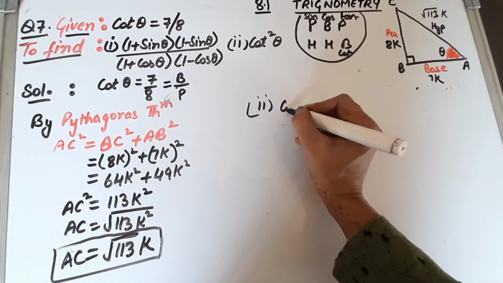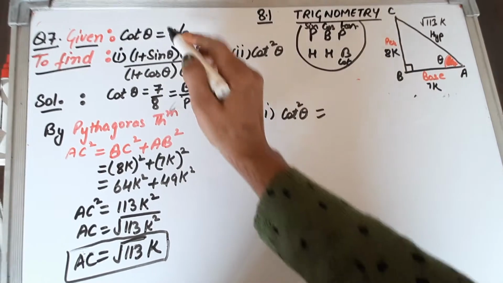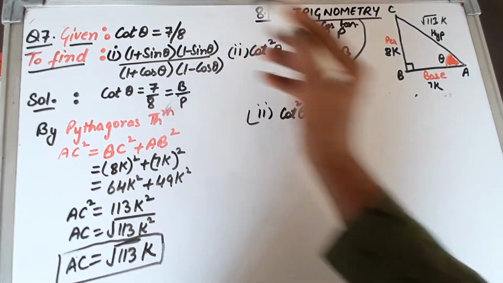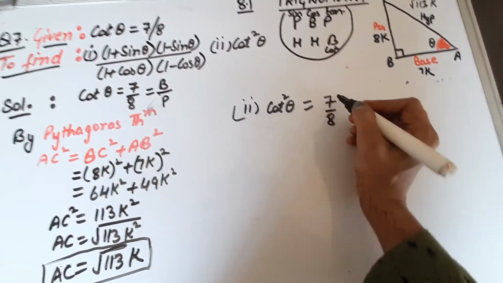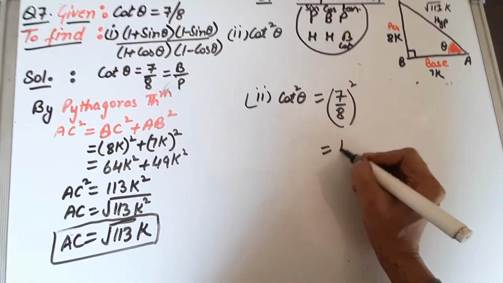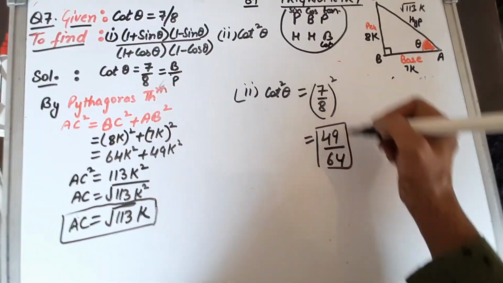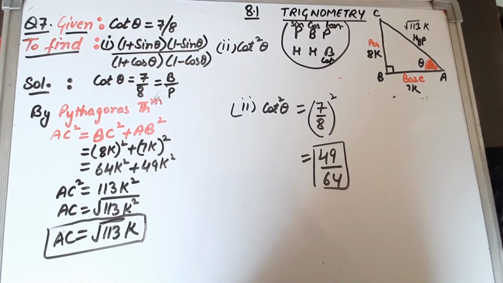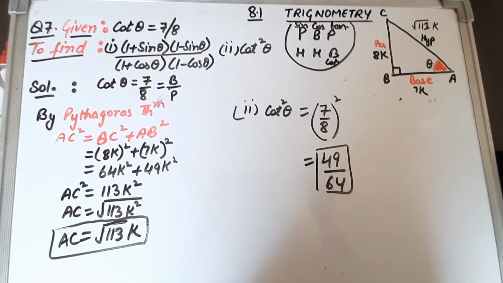Cot square theta. So dear students, you can directly get this value from the given part. Cot theta is already given to us, 7 by 8. So directly put the value, but square is there, so make a square. 7 square is 49, 8 square is 64. So what is the value of cot square theta? It will be 49 by 64. So I hope both the parts are clear to you.